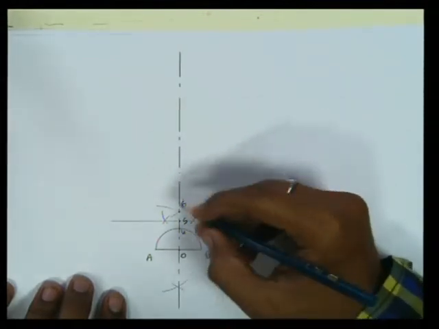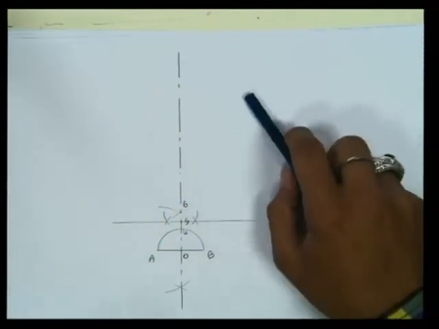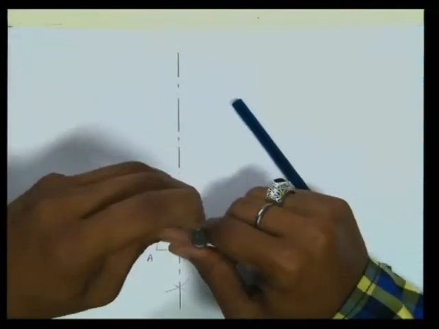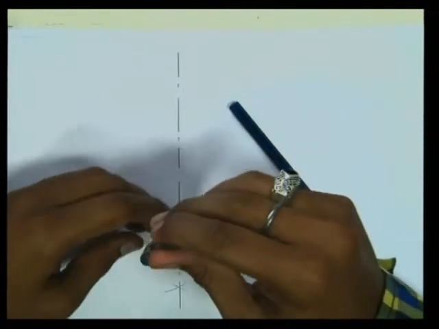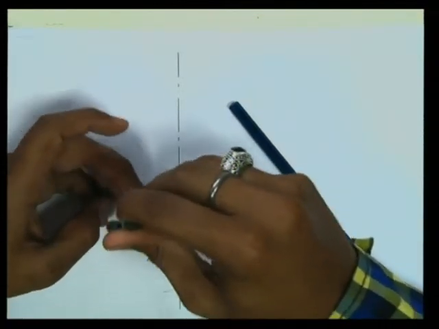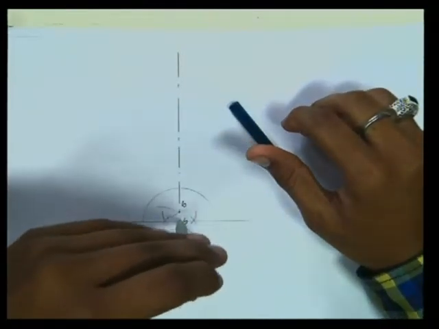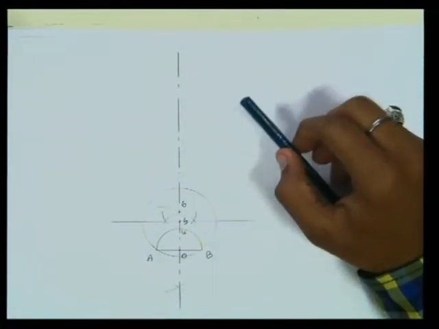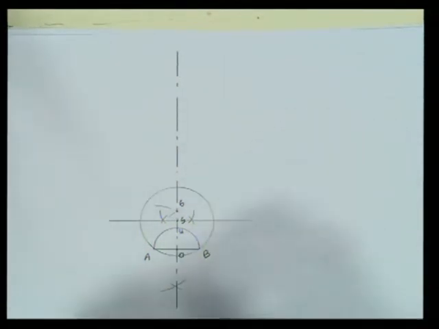Now we need to draw a pentagon, so we will keep this 5 as center and 5A as radius, and draw a circle. We have got the side length, we have got the circle, so we just need to cut arc on this circle.